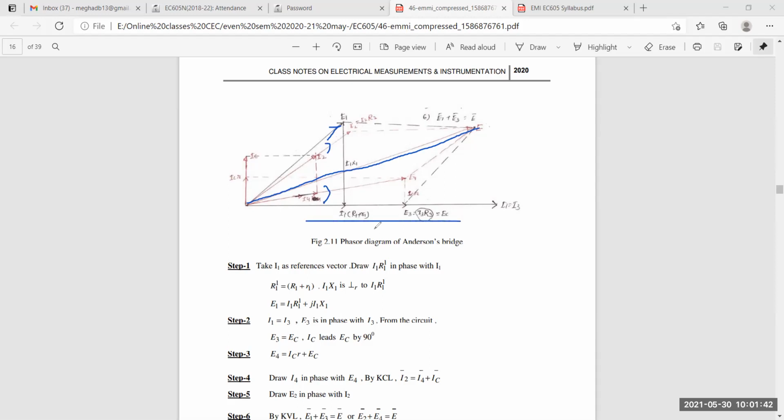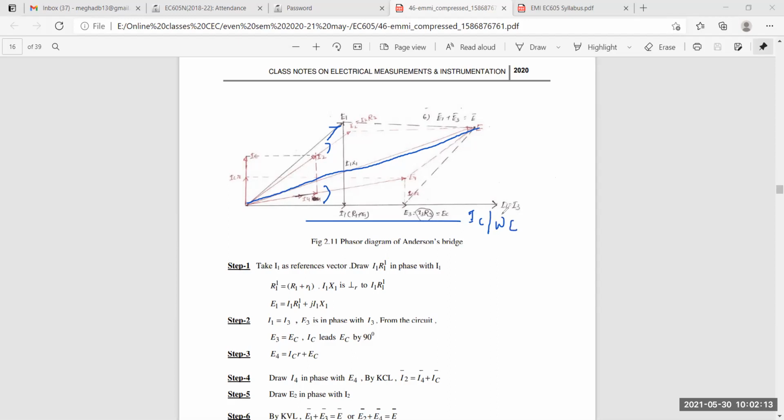And this one is my I1 R1 plus I1 r1, because when you see the AB arm, in the AB arm current I1 is flowing through the resistance R1 and small r1. Small r1 is my variable resistance. And in case of E3 you can write I3R3, which we can again write as I3 divided by omega C. And this I1 is equal to I3.